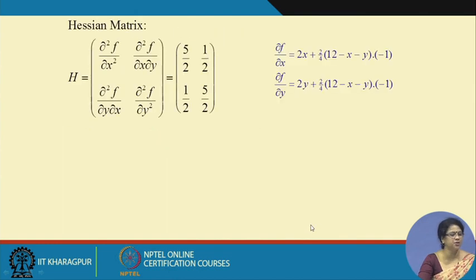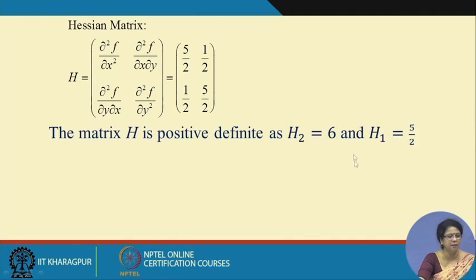Hessian matrix construction is not difficult for us. We will simply calculate the Hessian matrix this way. Just look at the Hessian matrix. The principal minors are: the first principal minor is 5 by 2, positive. The second principal minor would be 5 by 2 into 5 by 2 minus half square, and the values are coming as one is 6 and the other one is 5 by 2.